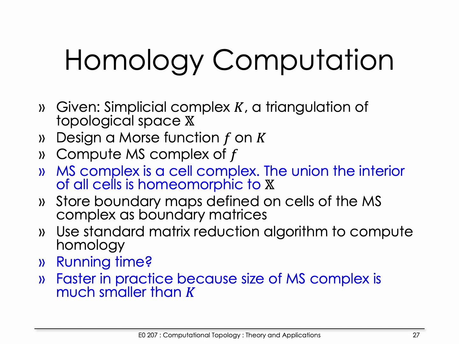So this is, of course, a piecewise linear function which satisfies all the properties that we need for the Morse function. And let's say I have a good algorithm for computing the Morse-Smale complex. Let's say I use that algorithm to compute the Morse-Smale complex of f.